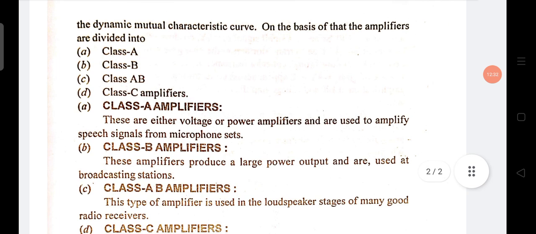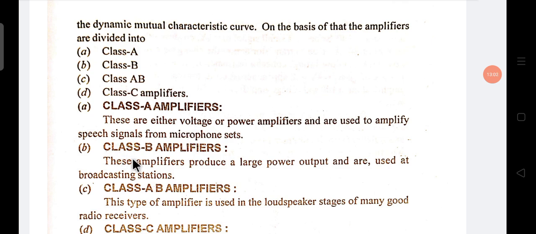The class A amplifier is either a voltage or power amplifier, and is used for amplifying speech signals from a microphone.